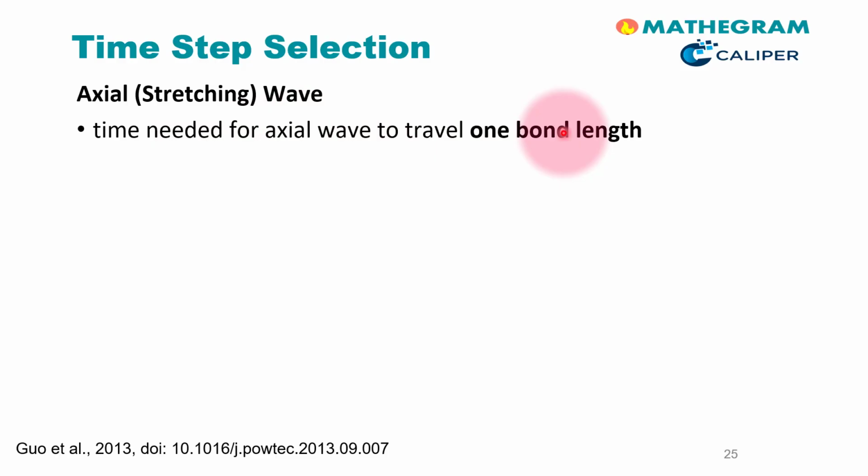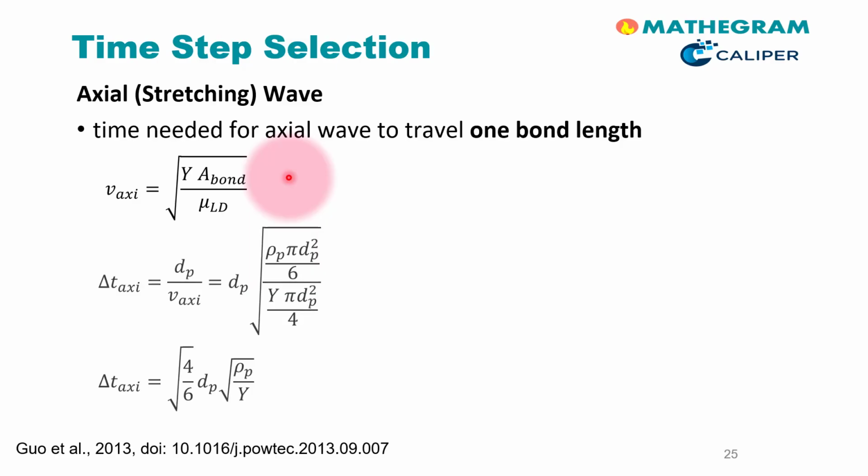This requires us to know the axial wave speed. This is fortunately very easy to get. It is given by this relation here. Putting everything together and using the fundamental equation for the time delta t axis, we get this nice analytical expression below.